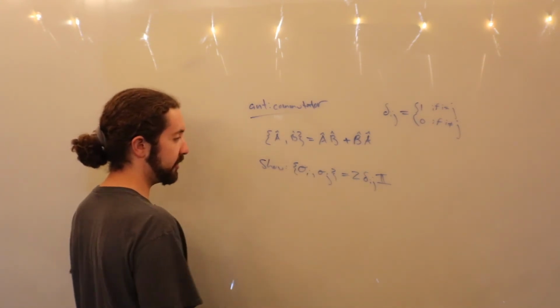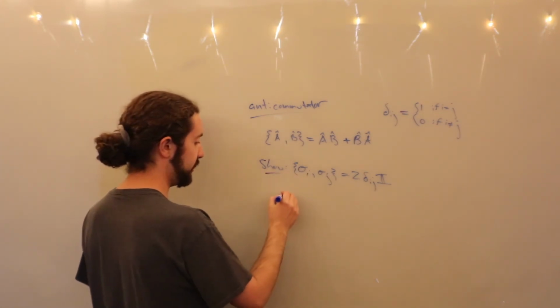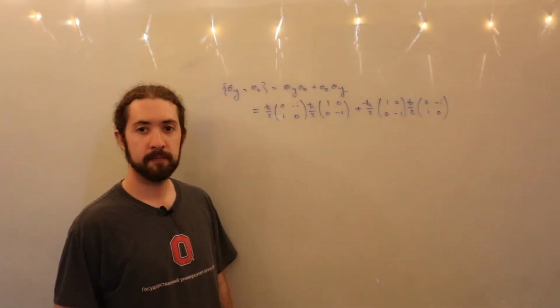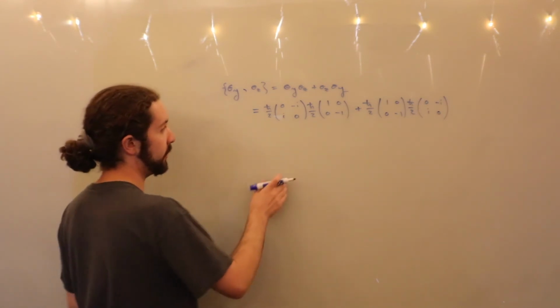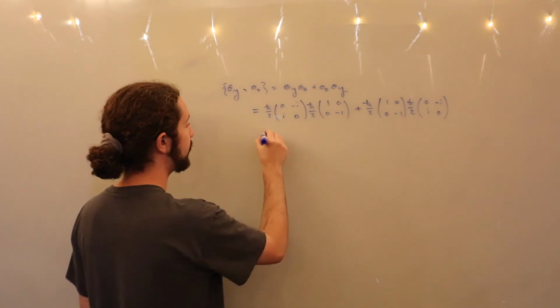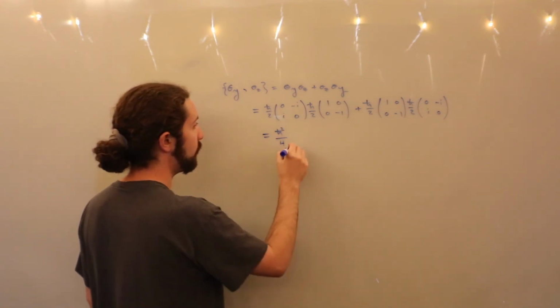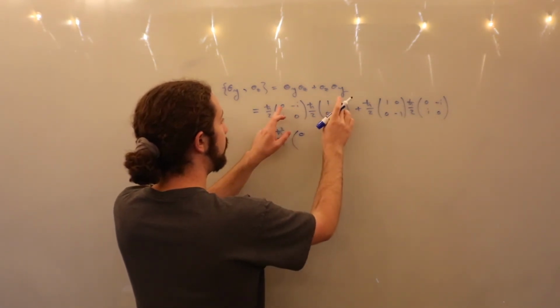So let's show that this is true by showing one particular case of it. Let's show it for sigma y and sigma z. All right, so here's our anti-commutator written out between Pauli matrices sigma y and sigma z. And this product is just going to be equal to h bar squared over 4 times 0 plus 0 is 0.